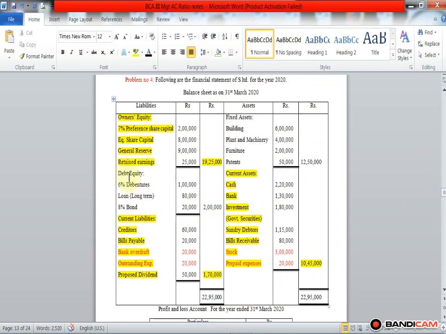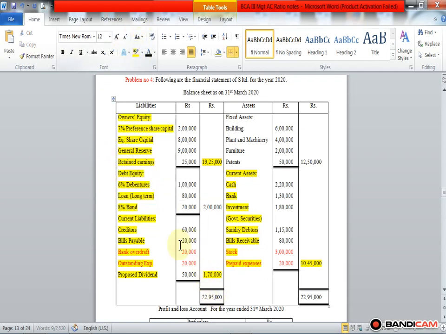So here total debt is equal to 2 lakh plus 1,70,000.